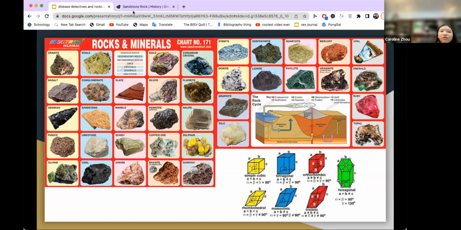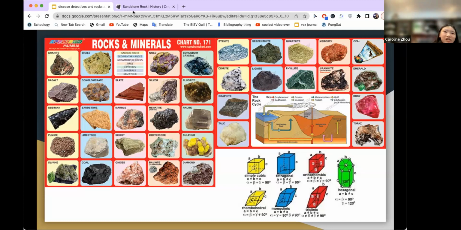Basalt is an igneous rock, but it kind of looks spotty. And then conglomerate, it has a lot of cubes attached to it. And then there's slate. In this picture, it's reddish from the iron, but it can also be black. If you've ever heard of a slate chalkboard, it's about that color.